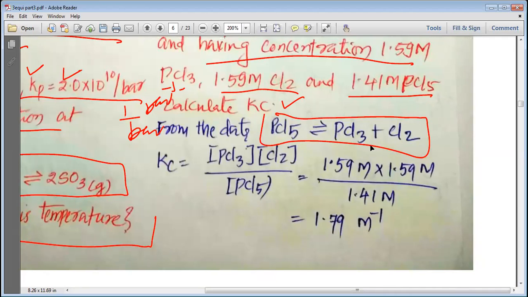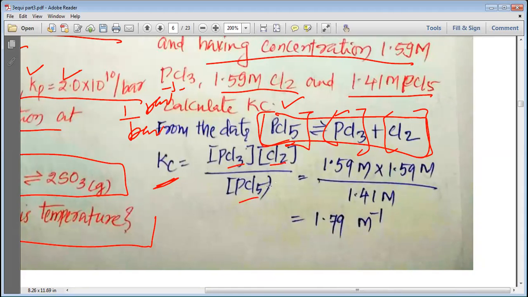See here we have not mentioned them as gas because we want to find out Kc. Therefore Kc is the concentration of PCl3 multiplied by the concentration of Cl2 divided by the concentration of PCl5.